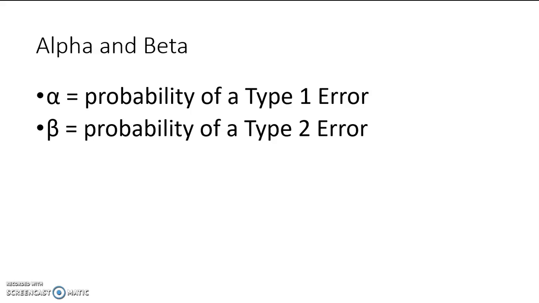So if it's 0.05, then you're saying, I'm okay with 1 out of 20 times this is going to actually come back to bite me, that I actually rejected a true null hypothesis. That's the typical convention. As a researcher, you'll need to decide if that's going to be acceptable or not. And then beta is the symbol that we use for the probability of a type 2 error. Okay.